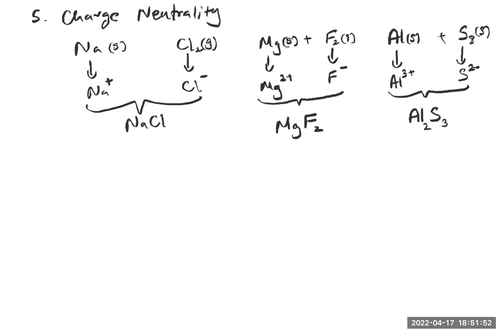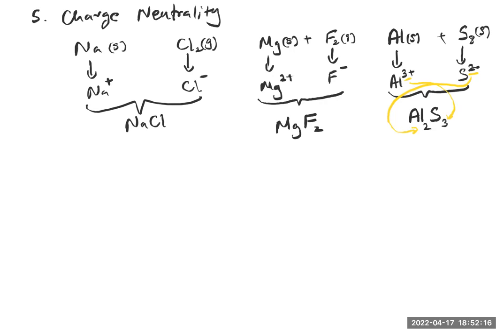Just to show you a trick, all I did here was use the charge of the cation as the subscript of the anion, and use the charge of the anion as the subscript of the cation. When you do that, you can see that we're going to achieve charge neutrality. Let me show you how.